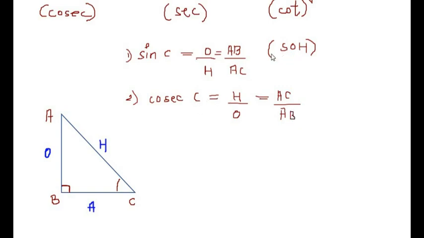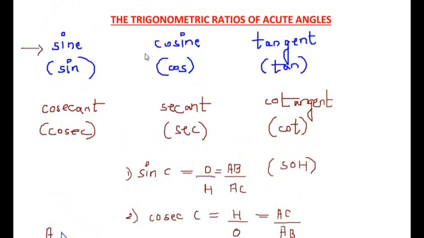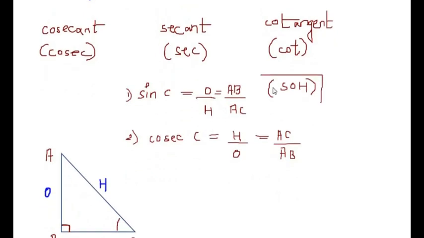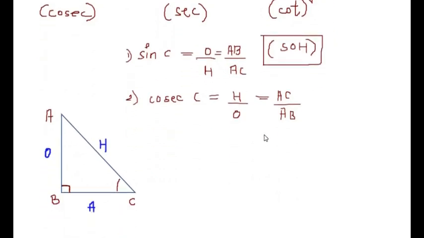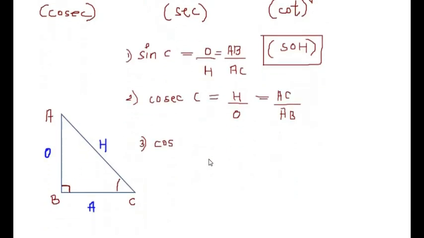We do not have any abbreviation like this for the reciprocals. Only for the main trigonometric ratios we do have. These are the three main trigonometric ratios. So for sine we have the abbreviation as SOH. Now let me move on to the next one, which is the cosine. So cos, again we are going to use the abbreviation cos of the angle of concern, which is C. It's always given as adjacent over hypotenuse.